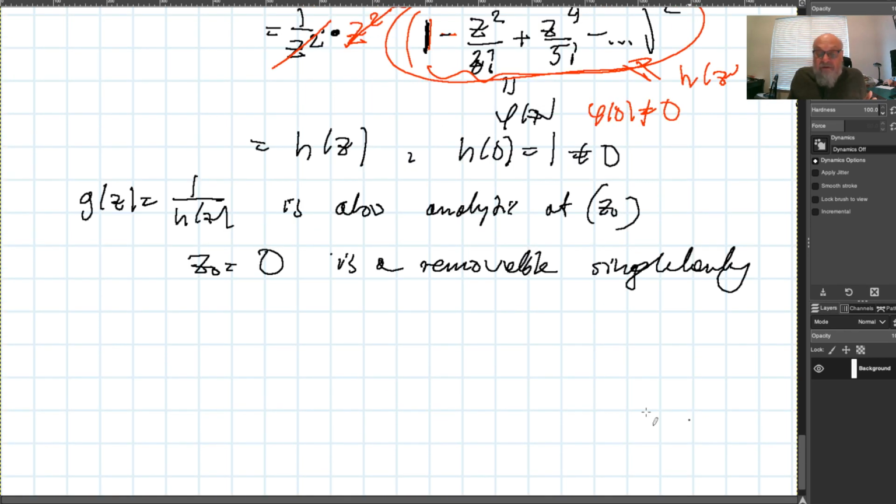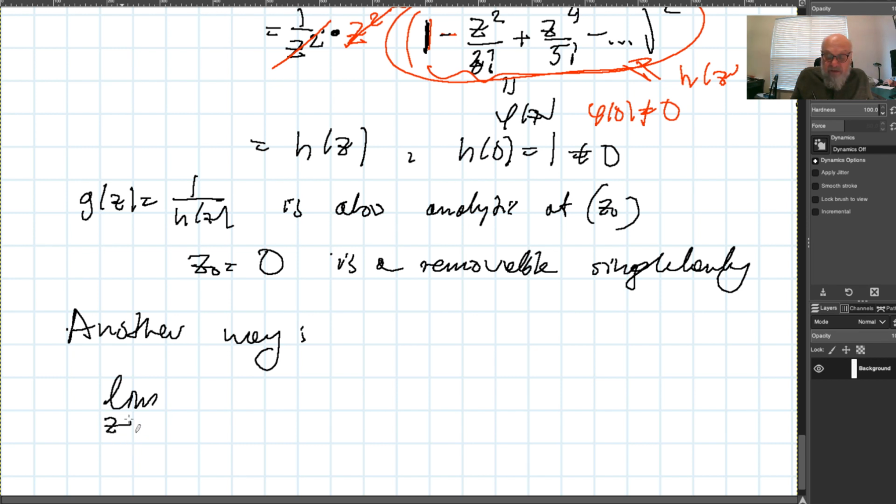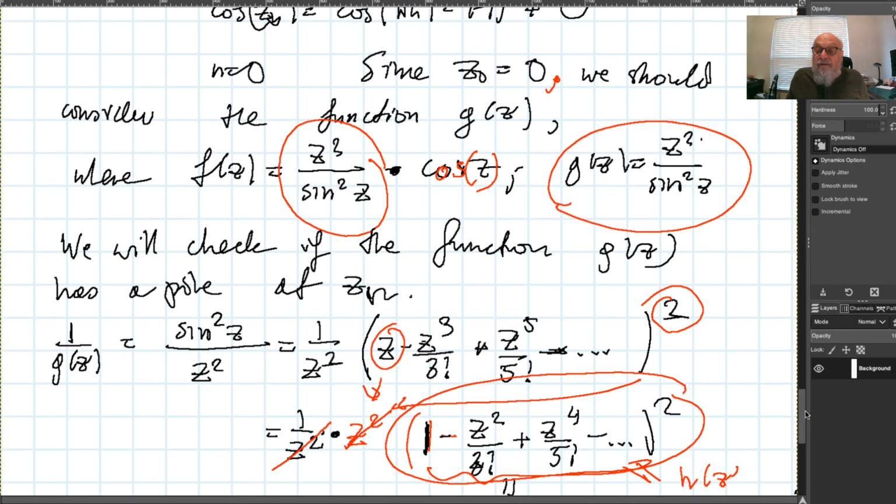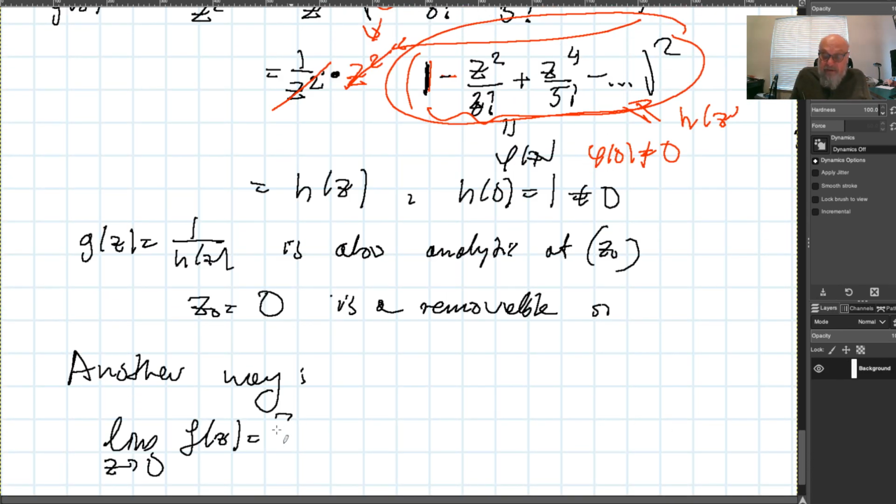Another way to do it is, of course, you can say the limit. So let me do another way. You just simply take the limit as z goes to 0 of f of z, and let's check what happens here. So what do I have here? I have z square, so this is z square sine square of z times cosine of z.